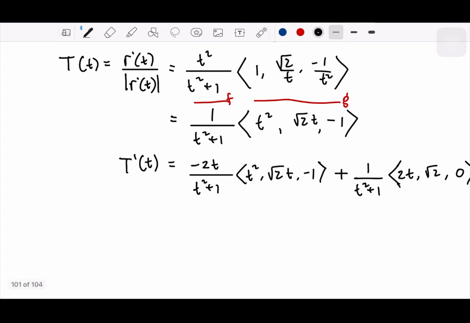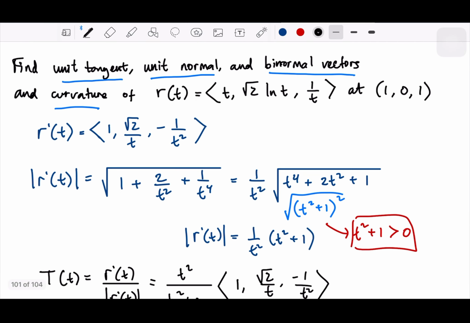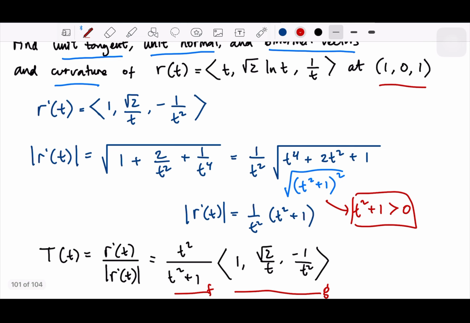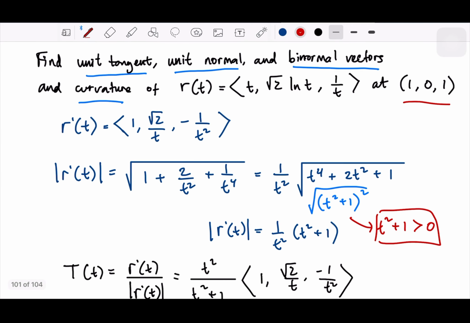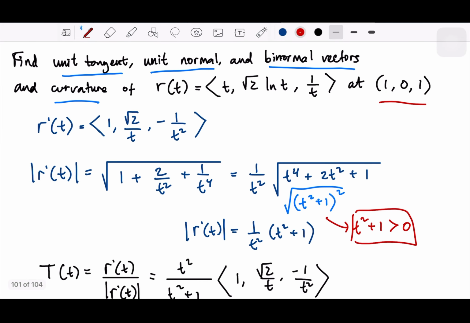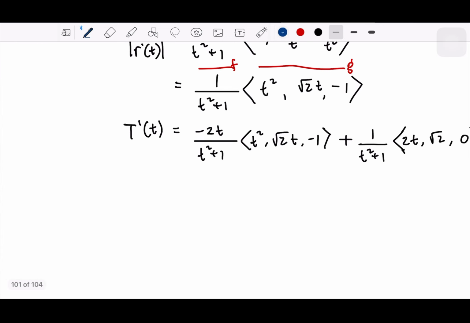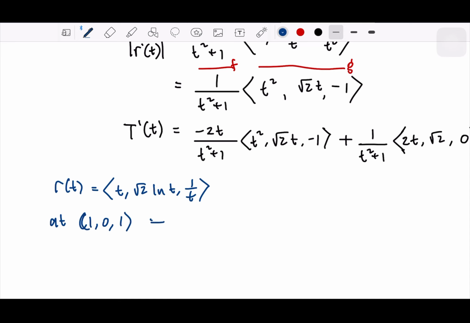Now we need to evaluate at some point. It's (1, 0, 1). Because r(t) is equal to t, at (1, 0, 1) this corresponds to t equal to 1, right?